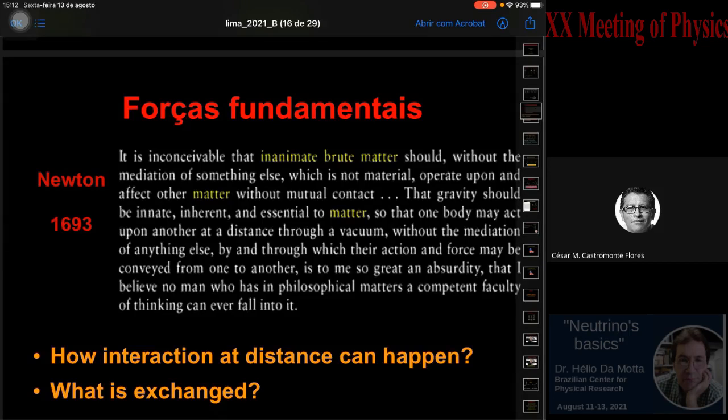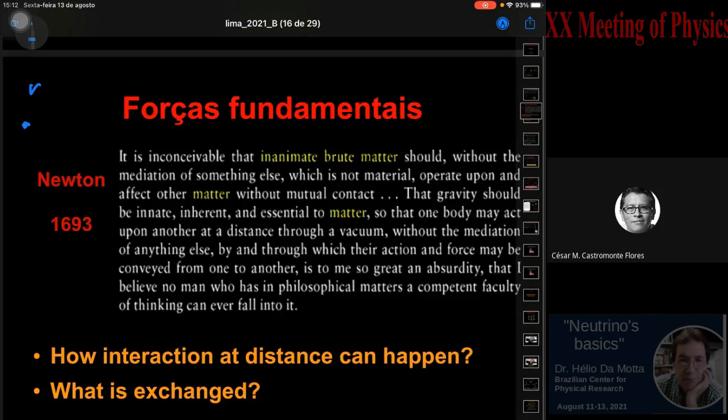But the idea that we have now is that when two pieces of matter interact, like in Coulomb's law, you have two charges.